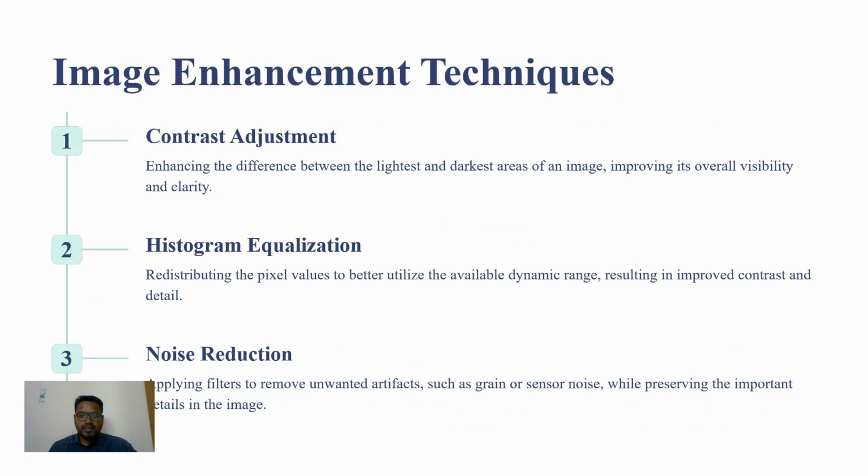Histogram equalization redistributes pixel values to improve contrast and detail. Noise reduction involves applying filters to remove unwanted artifacts like grain while preserving important details.